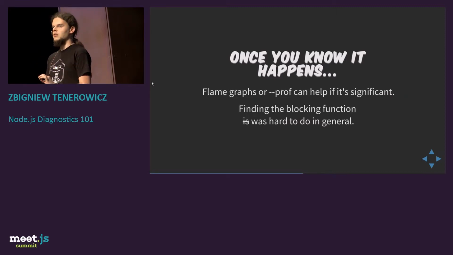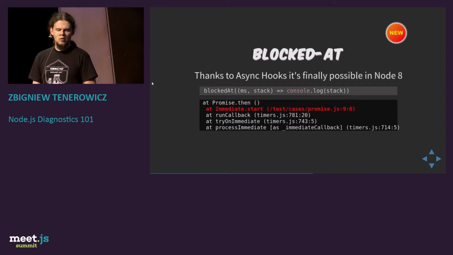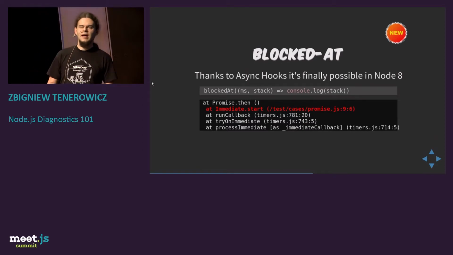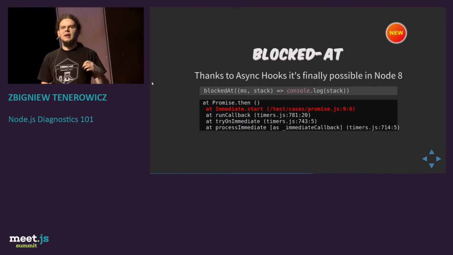It was hard to find, but with Node 8, there's async hooks. Async hooks give you the possibility to plug into your application and detect where asynchronous operations start and end. So everything between start and end was effectively synchronous, and you can measure time.